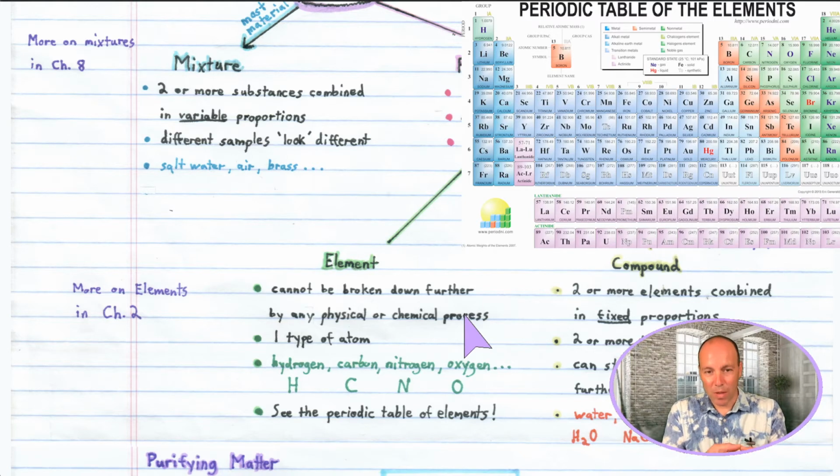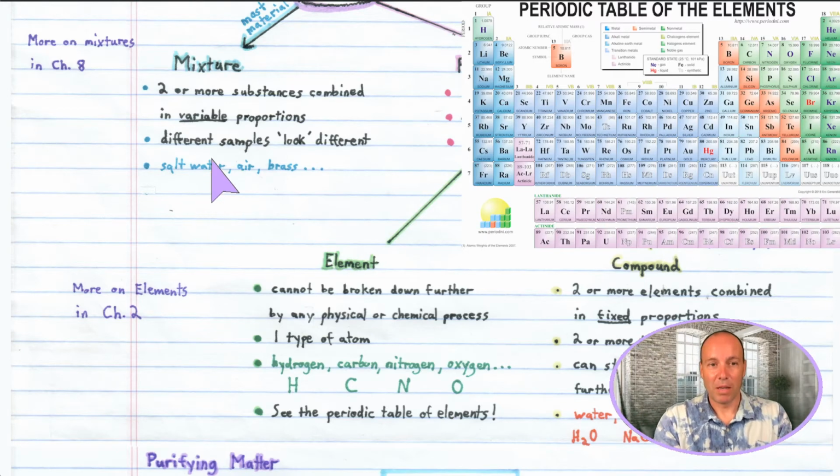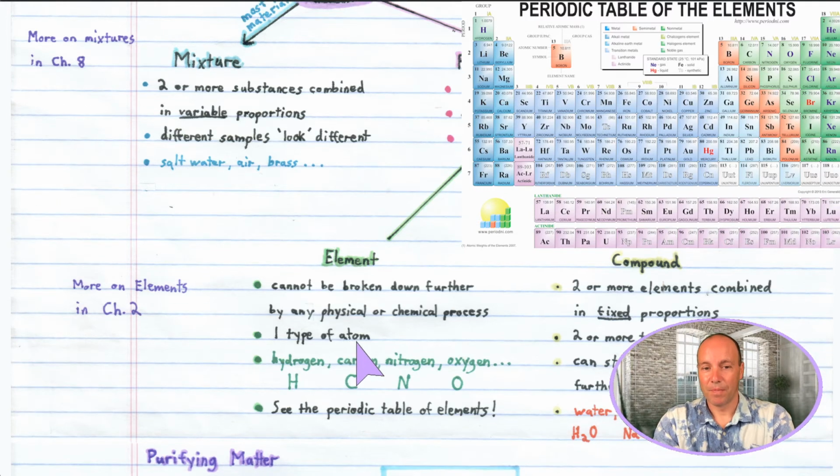As long as you don't introduce anything new to it, there's nothing that you can do to the element that would separate it into two simpler substances. Whereas salt water can be separated into salt and water because it's a mixture. An element cannot. A single pure element has only one type of atom.